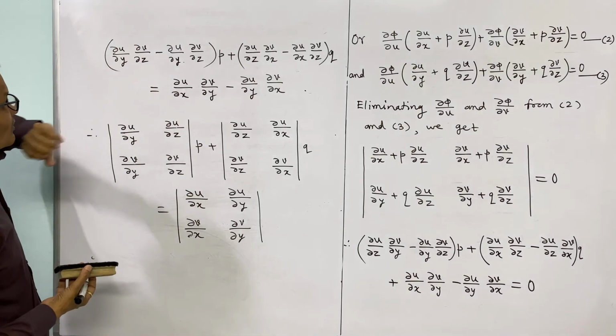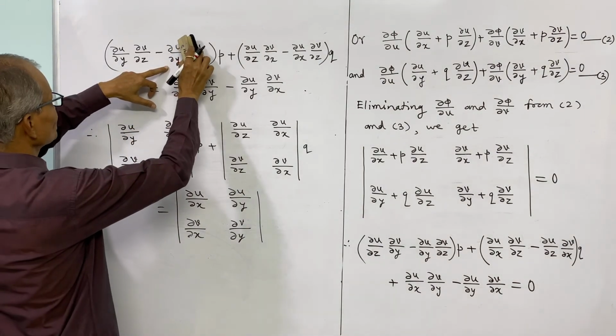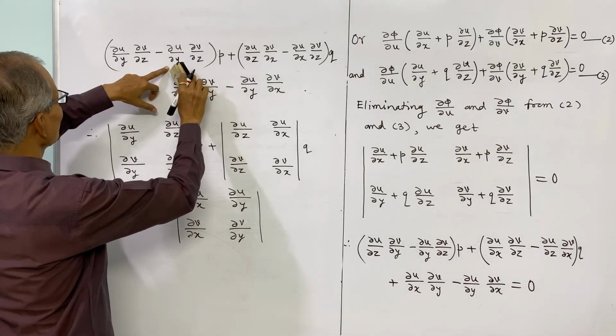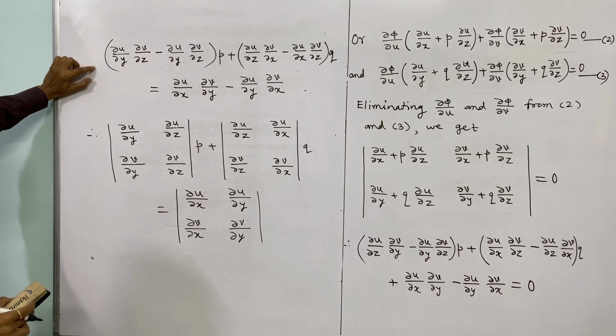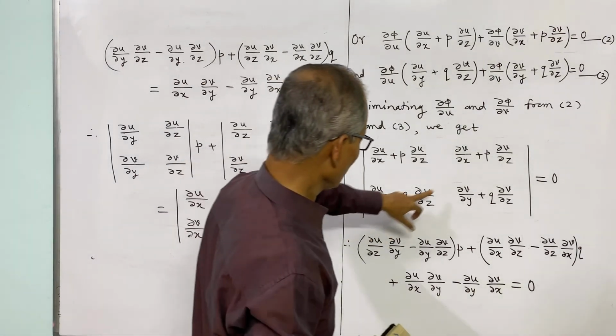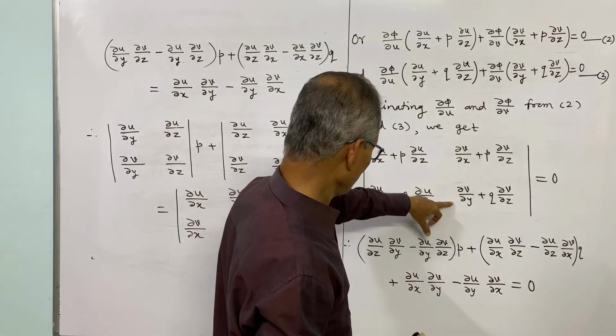So what needs to be corrected is this must be dou v by dou y. So this is actually dou u by dou y, dou v by dou z, and dou u by dou z into dou v by dou y.